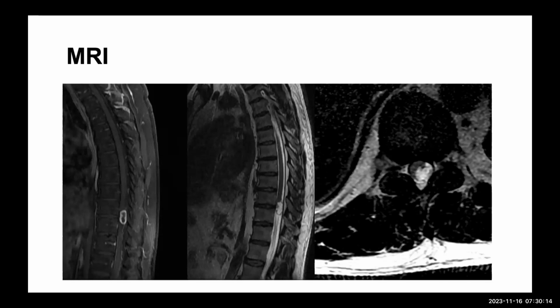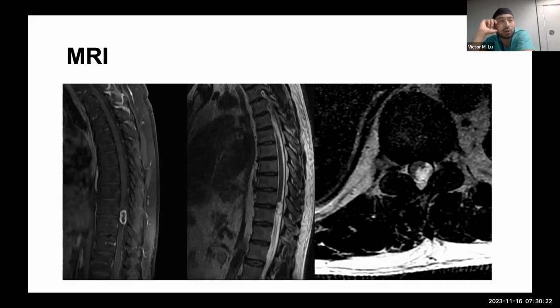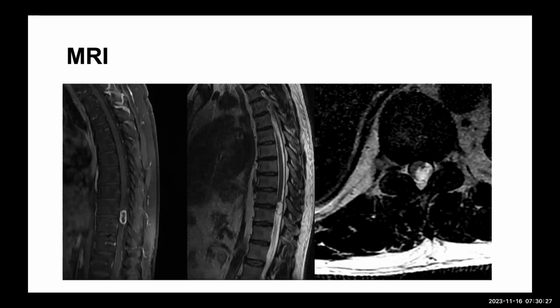Maybe some kind of a MET, but I think unlikely. Even with his renal cancer history? Yeah, I guess. Yeah, true. I guess I wasn't sure if the renal cell MET would be, I would have thought that would be intramedullary.